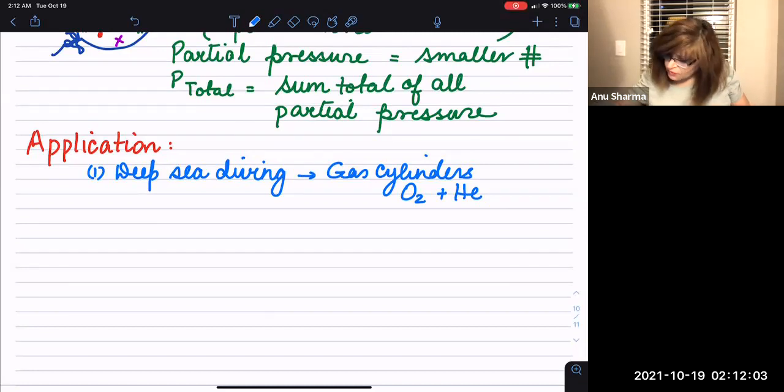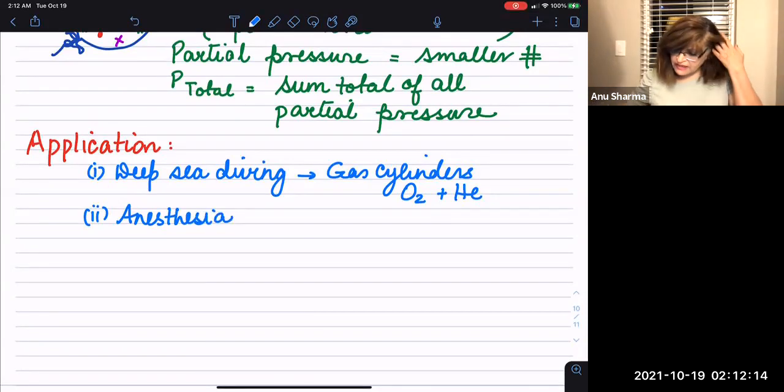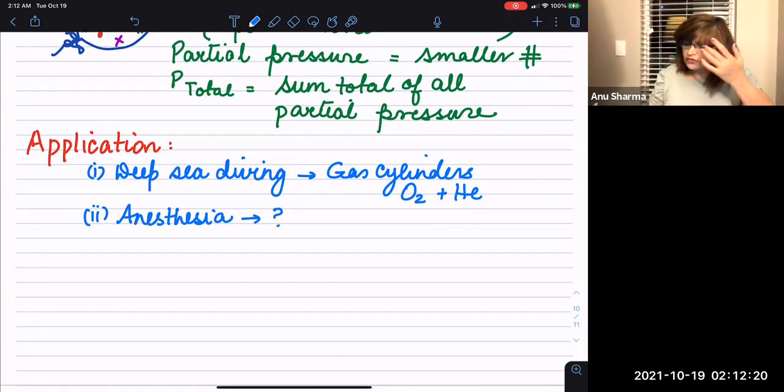And then the other application is in anesthesia. How much of those gases should be given, and what's the capacity of the lungs, and all those other technical details, which I'm not aware of.